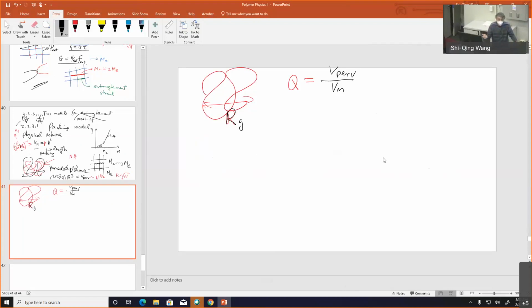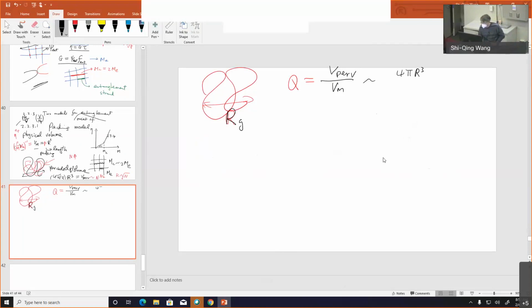And that's what it is. This ratio will tell you how many chains are there. Right? And how many? Well, you know roughly. It's 4 pi r cubed divided by 3. I'm going to eventually even ignore the prefactor, so-called.